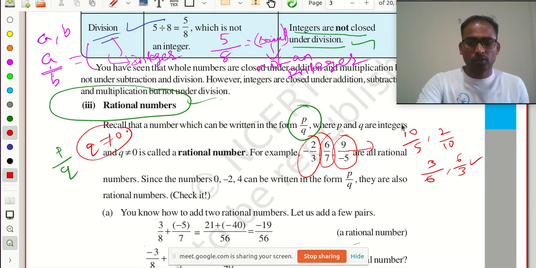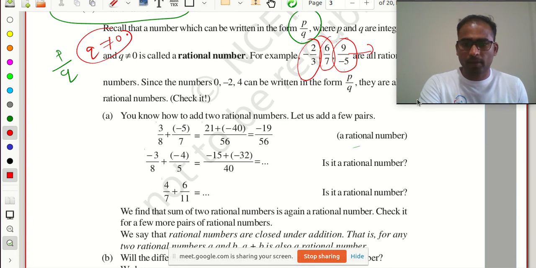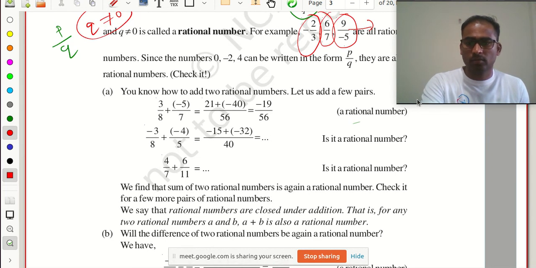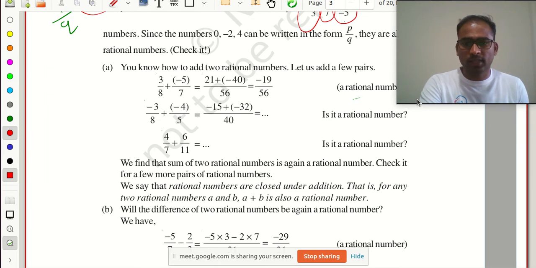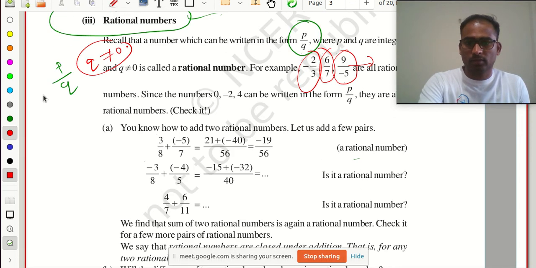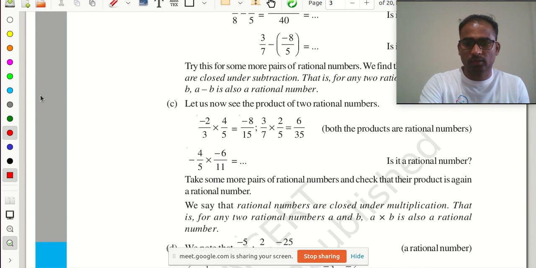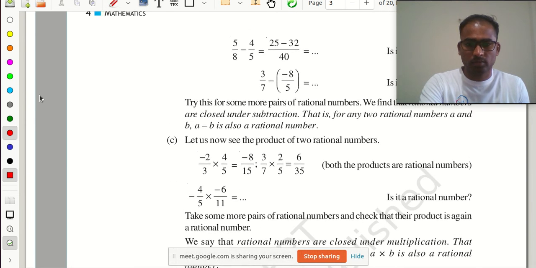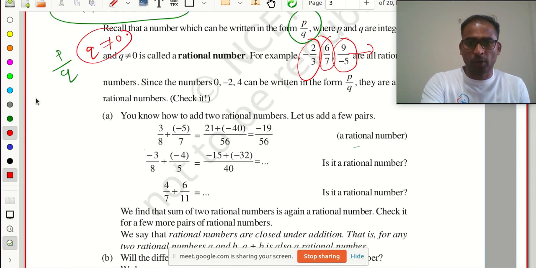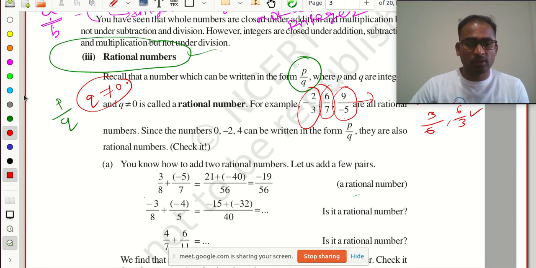Okay. Now we need to check whether these are rational numbers or not. So now we need to check this closure property in addition, subtraction, multiplication and division for rational numbers.